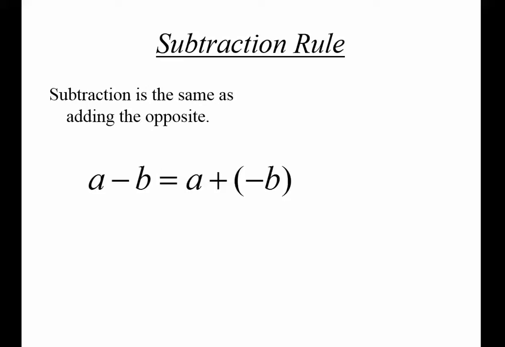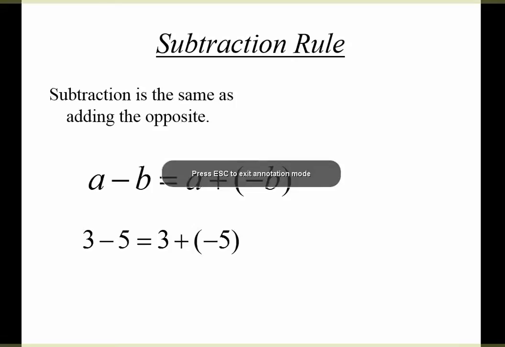And I know that you guys learned this back in middle school. So if we have a minus b, that can also be considered a plus negative b, changing the minus sign into plus a negative. So for an example here, we have 3 minus 5 would be the same as 3 plus negative 5. And probably some of your teachers may have taught you to manipulate the problem.